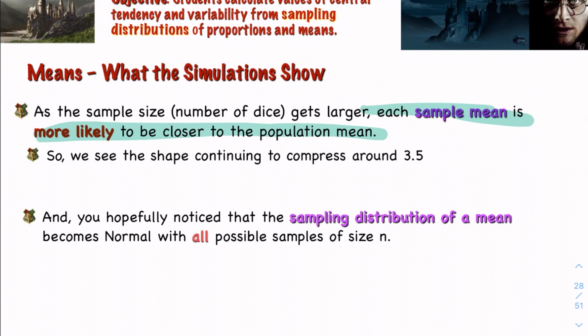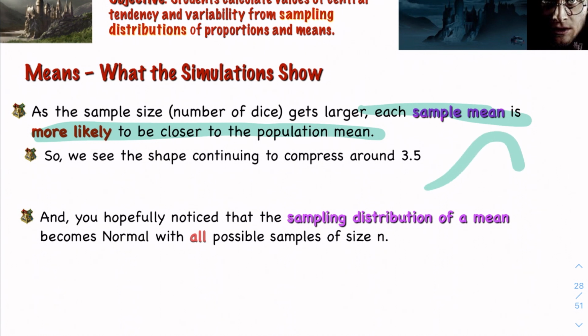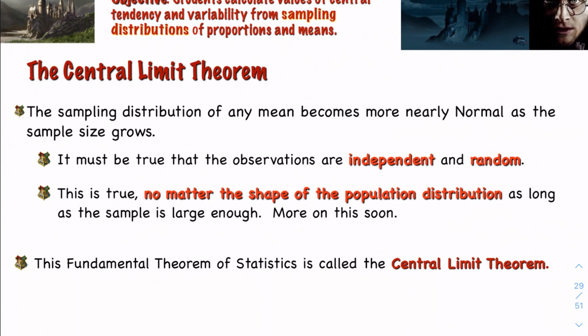So we see the shape getting slowly compressed around this number 3.5. And hopefully you notice that the sampling distribution of a mean becomes normal with all possible samples of n, being the number of rolls to get the average. This is the central limit theorem at work.